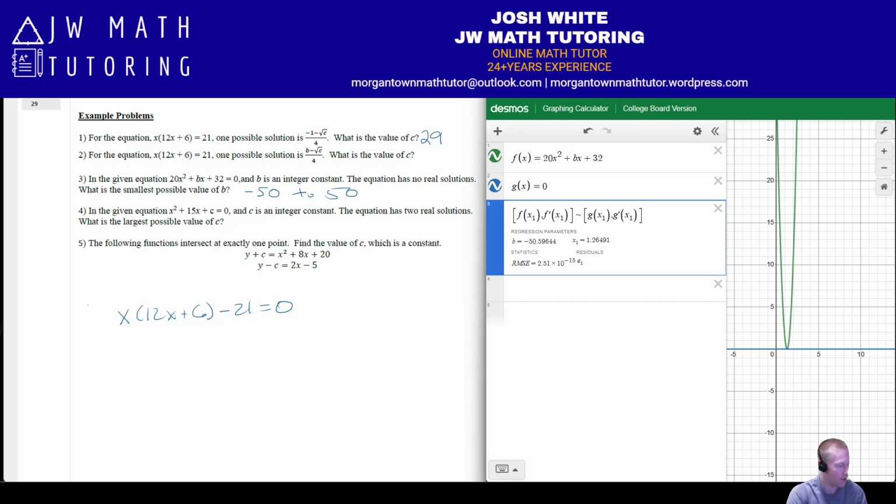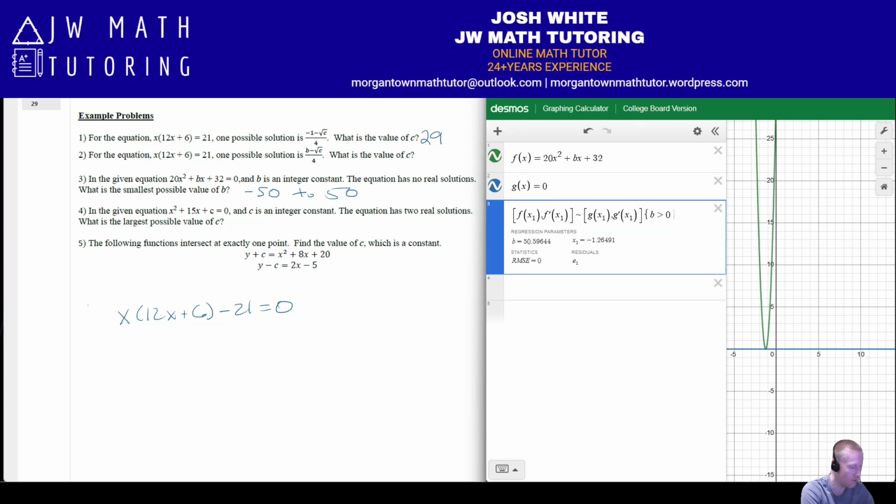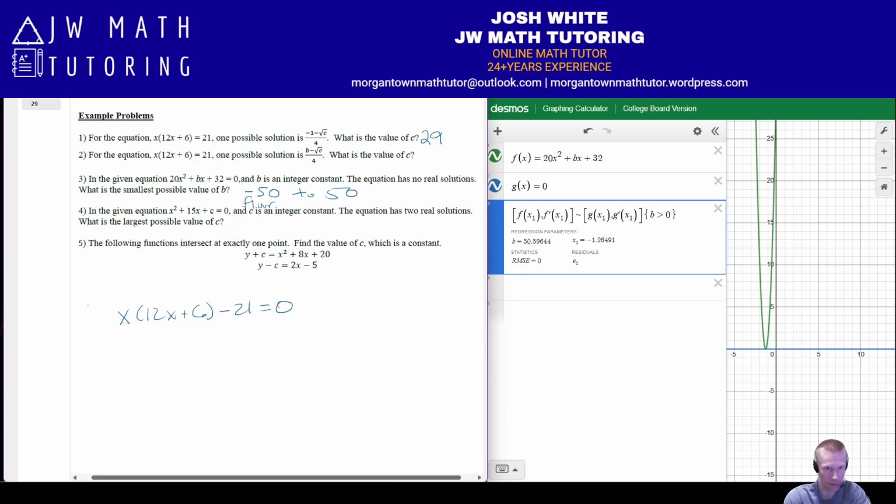Then I would check negative 51 versus negative 50, and notice that I actually want to check the positive end, because there's always a range typically. That would tell you that negative 50 is the floor in this example, and positive 50 is the ceiling in terms of integer values for there to be no real solutions.